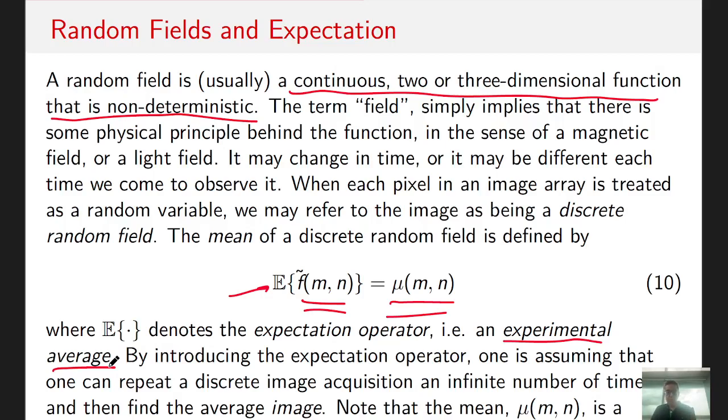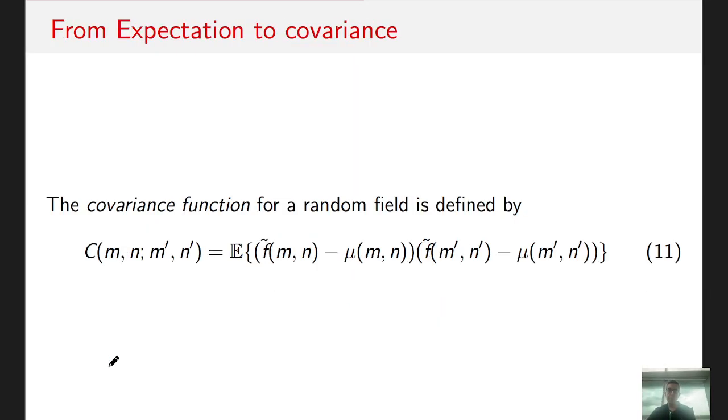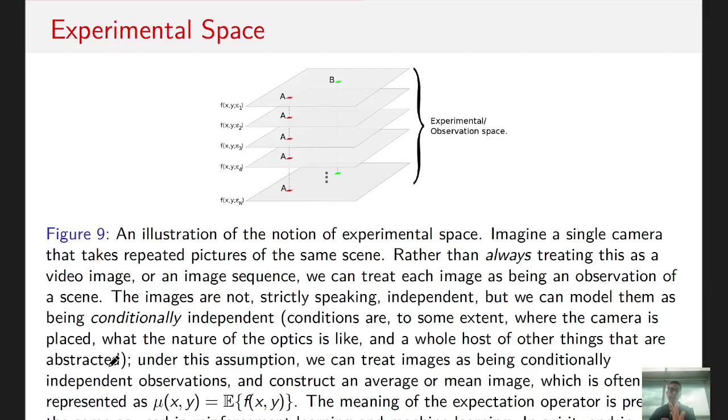In fact, the expectation operator has the underlying concept of being able to extend the number of experiments to infinity. So let's make this a bit more concrete by coming to the case of this stack of images here.